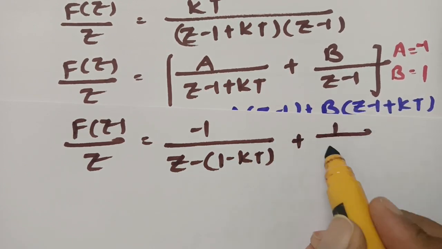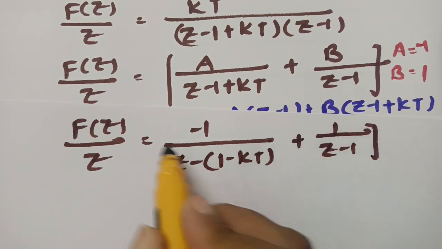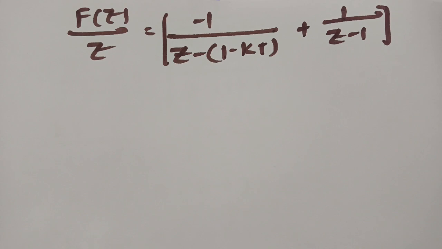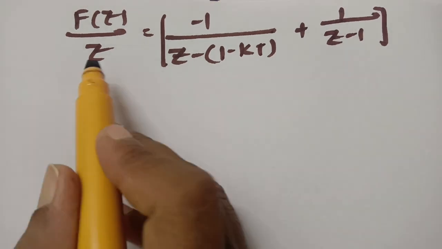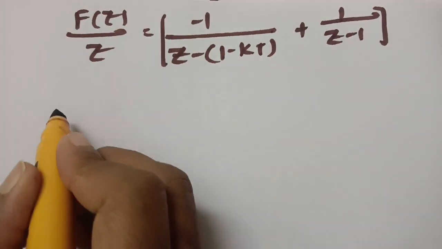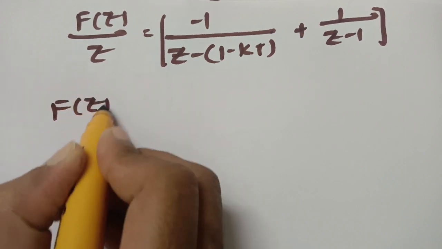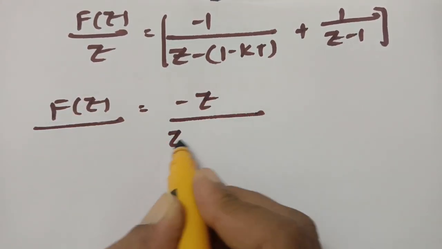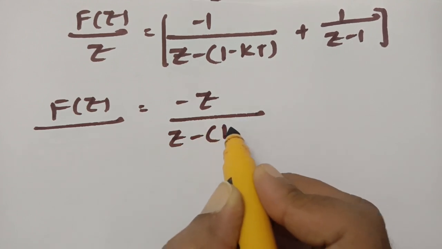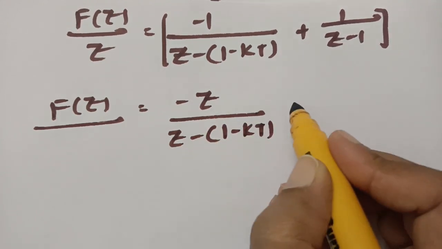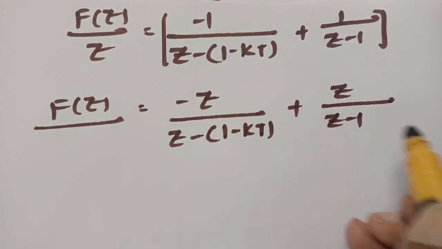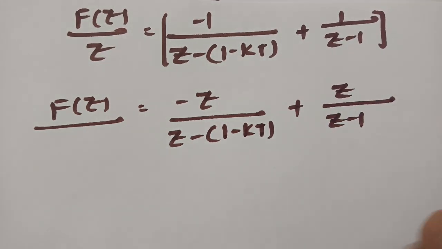And B value is 1 by (z minus 1). After substituting, I'll apply inverse Z transform on both sides. Before that, I'll send this z to the other side. So F of z is equal to minus z by (z minus 1 plus kt) plus z by (z minus 1).